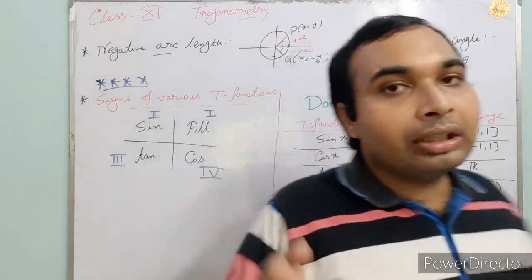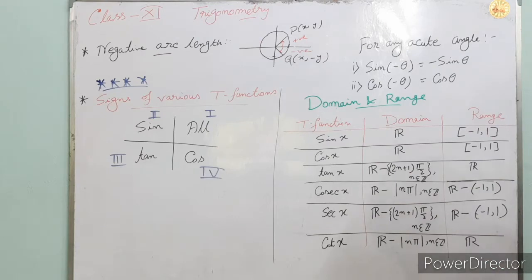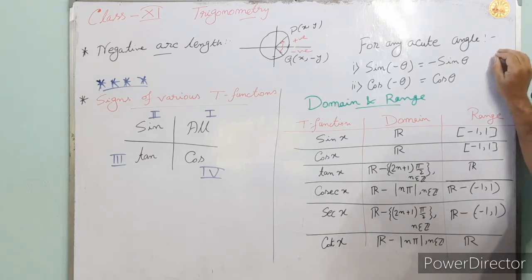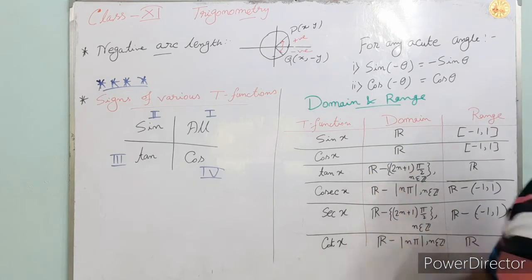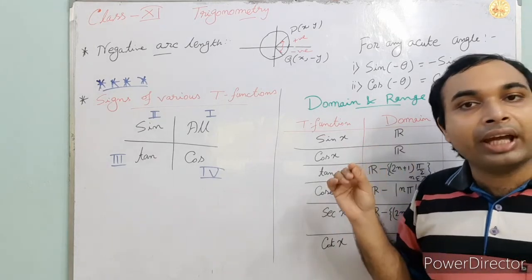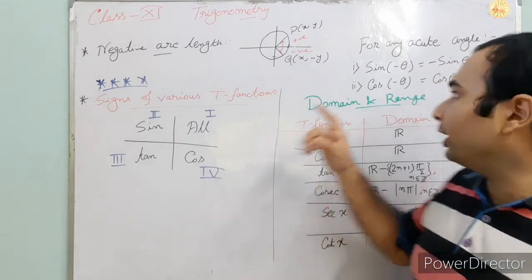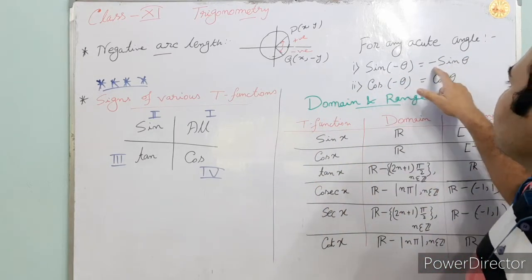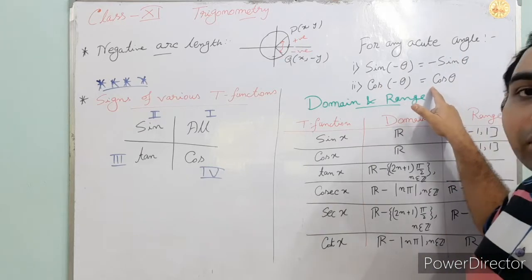Now the next part, for any acute angle. If theta is an acute angle, that means from 0 to 90 degrees, then sine of minus theta will be minus sine theta, and cos of minus theta will be cos theta.